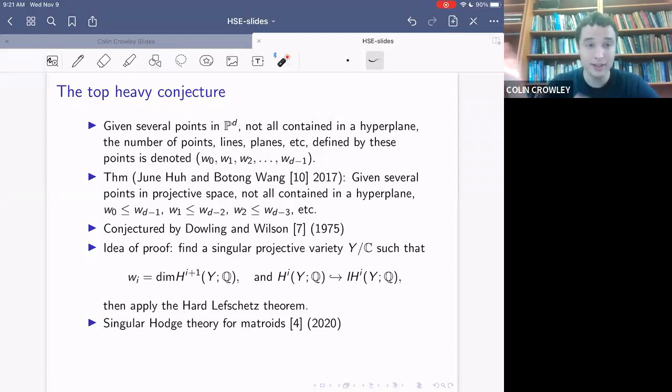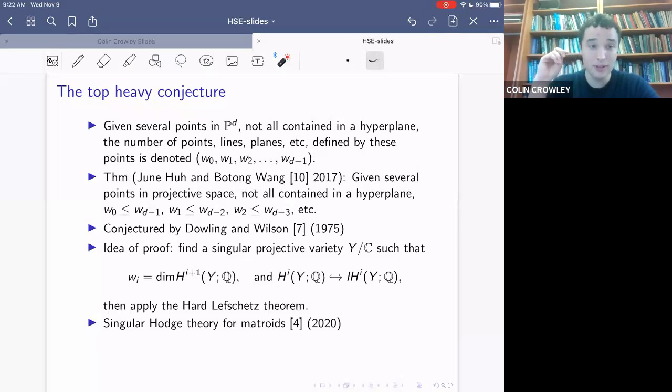Intersection cohomology is this theory of cohomology that works very well for singular projective varieties, in case you're not familiar. There's always a map between the two, and for this to work, one needs to know that this map is injective. You can prove this by knowing whatever this magical Y is.